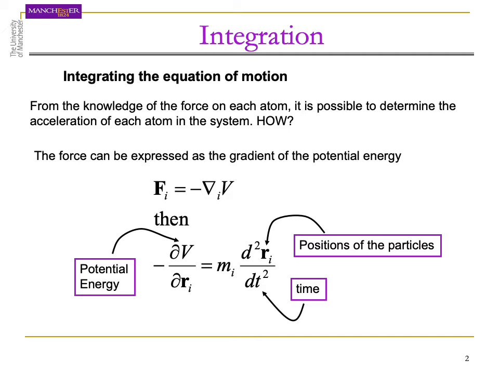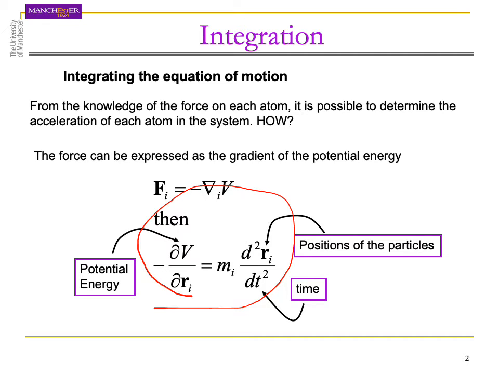In order to do that, we have to solve the Newton equation of motion, which is represented here. So given the force, we have to integrate in time the position of the particle, and we will obtain the trajectory. The problem is that we have so many atoms in our system, so many particles.